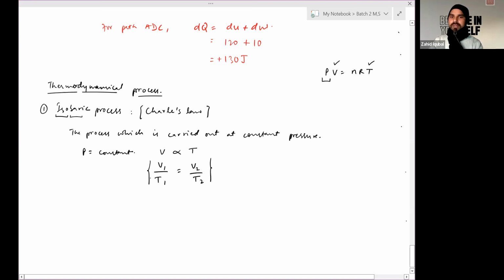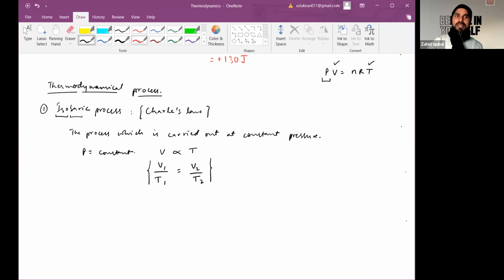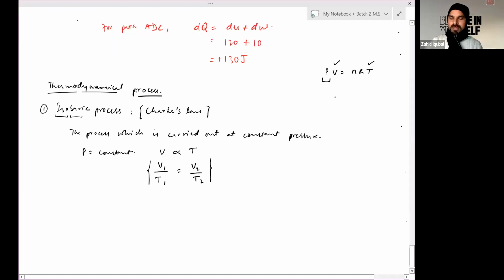Next, we have to calculate the molar specific heat related to this process, for which we have to define a generalized equation and get the value of X. The general equation is PV to the power X equals constant. So what should be the value of X for which P becomes constant and the volume component vanishes?